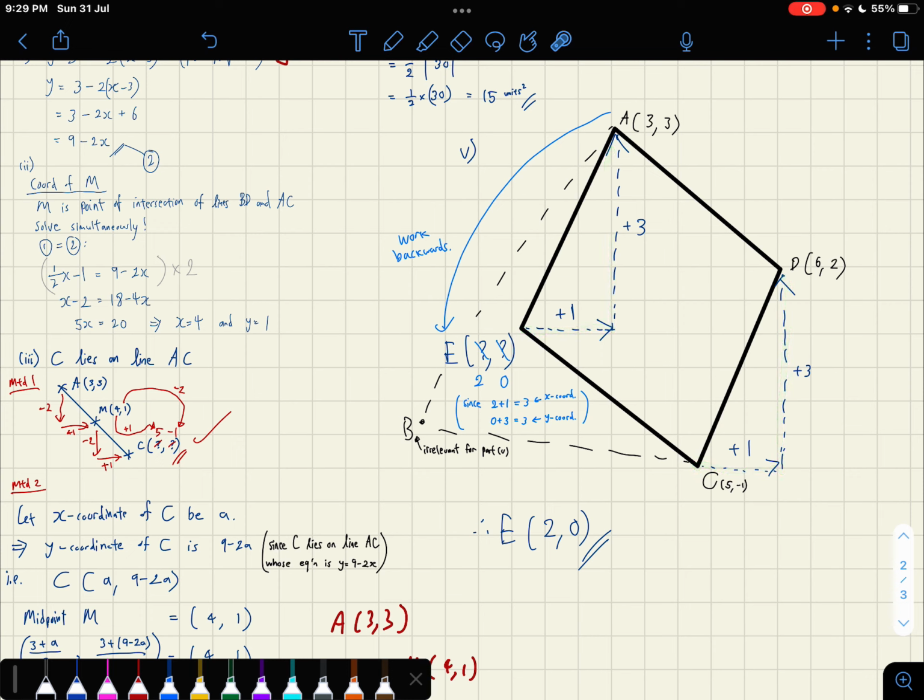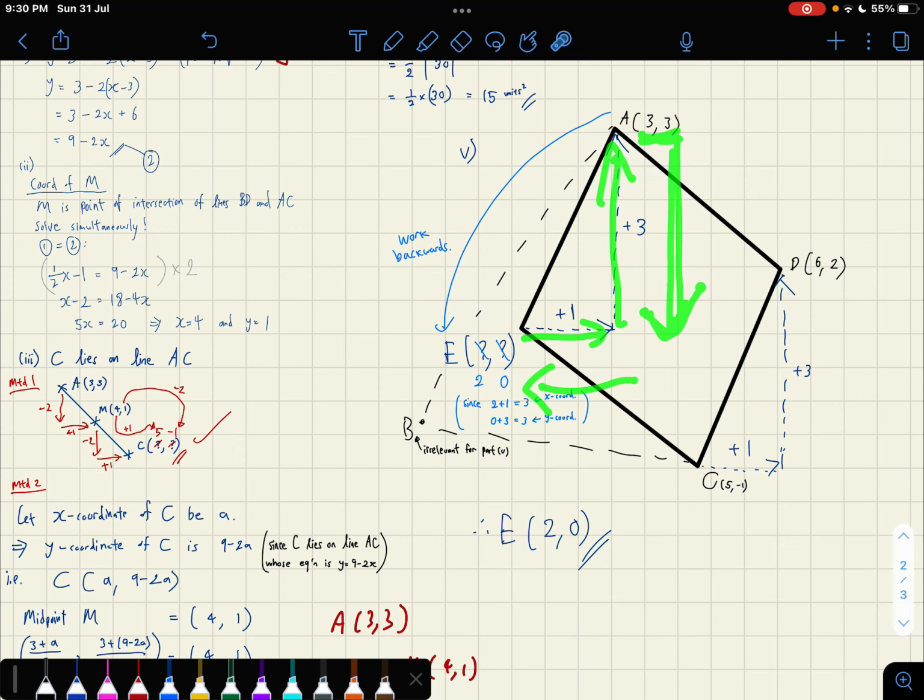So from point C to point D, I already found the coordinates of C and D. I just need to add 1 to move to the right and add 3 to move up, from the bottom left to the top right. Similarly, from my point E towards my point A, I also need to add 1 then add 3. So working backwards from 3, 3, I move down by 3 and left by 1.